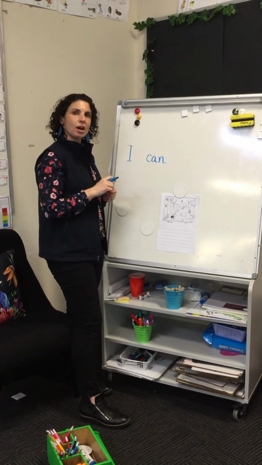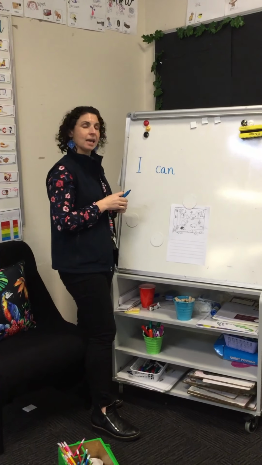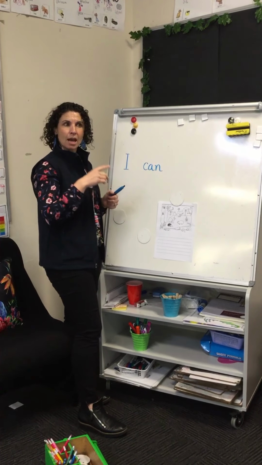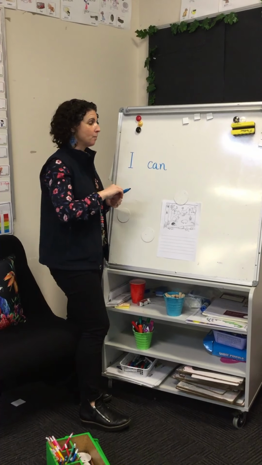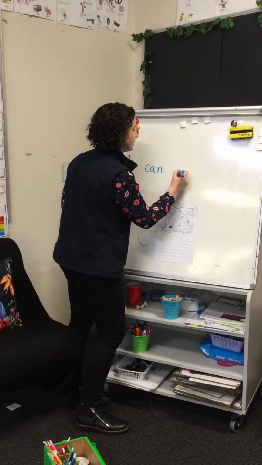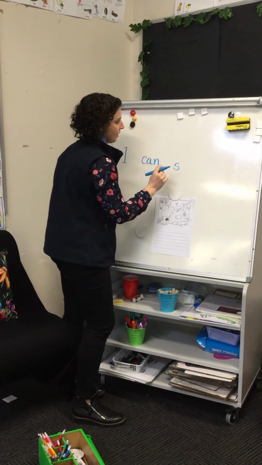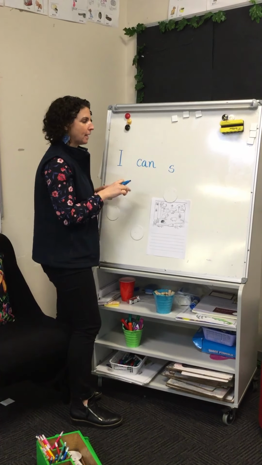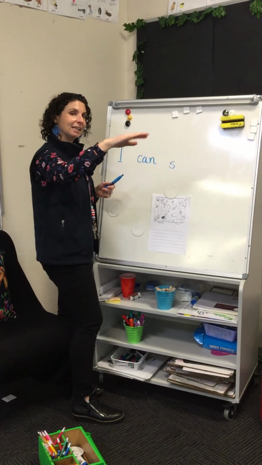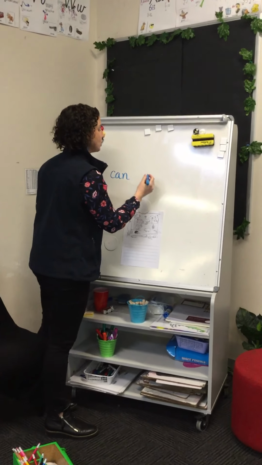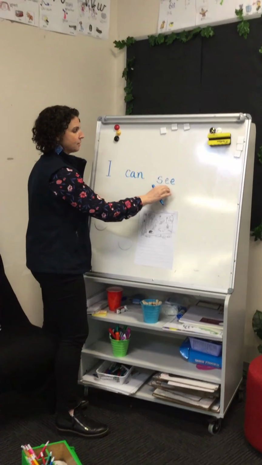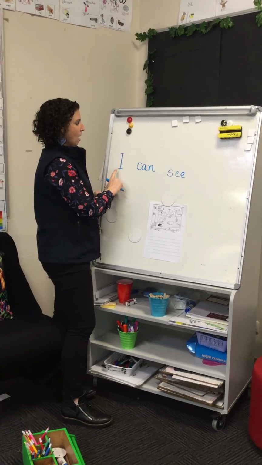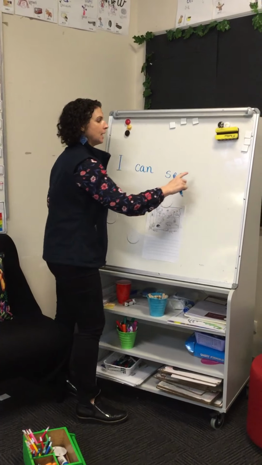And the next word I want to start off our sentences today is C. And that starts with a S. Sounds like the letter C, but it's actually an S. And then that gives me my S sound, and then I need a E. And to get that, I need to do a digraph, which is two E's. S, E, C. I can see a.